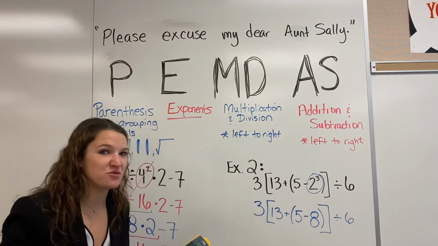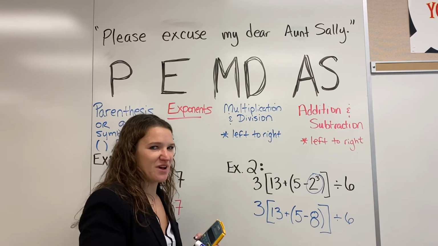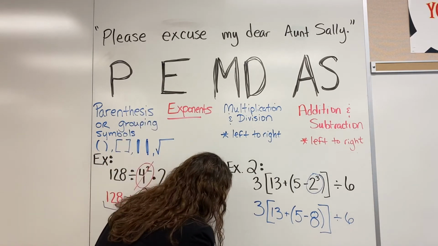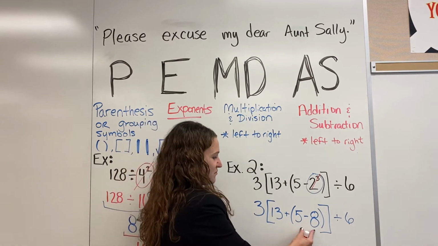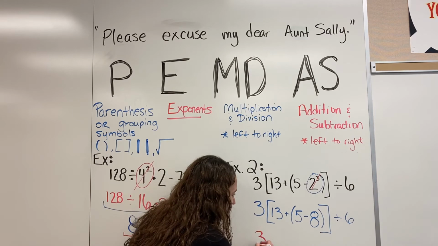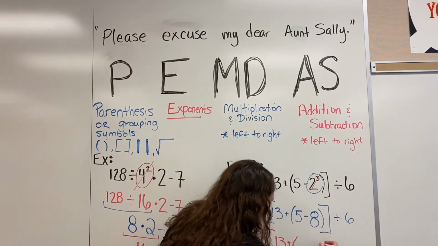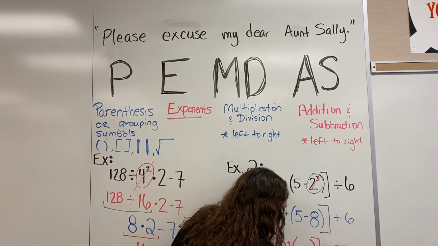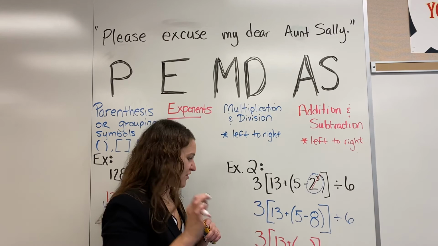Now I knew that 2 cubed was 8, but typically I definitely encourage you to use your calculator there. All right, so we simplify this exponent. Let's now simplify what's inside those parentheses right there. I'm gonna bring down everything else. And 5 minus 8 is -3.